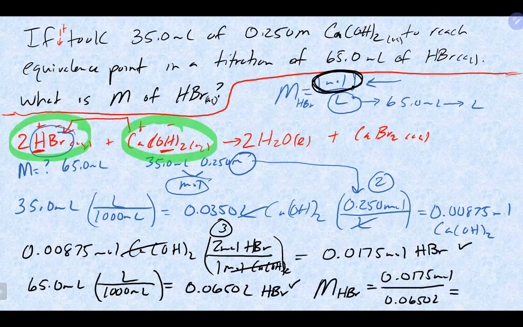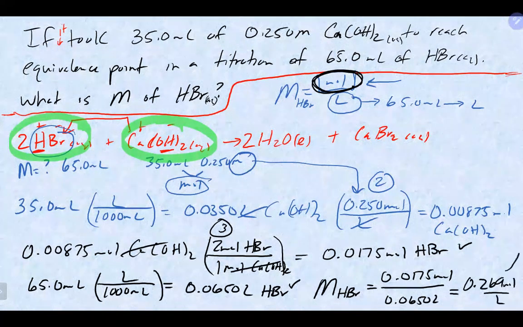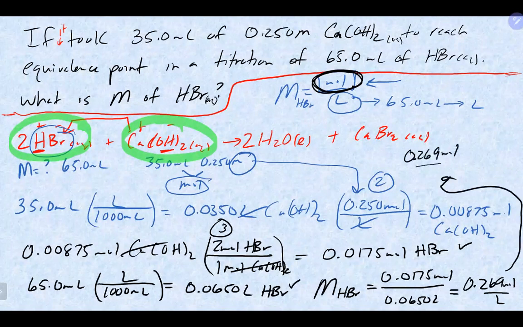Not too bad of a number. 0.269 moles per liter. I'll write it up here a little bit better. 0.269 moles per liter of HBr, or you could just write 0.269 big M HBr.